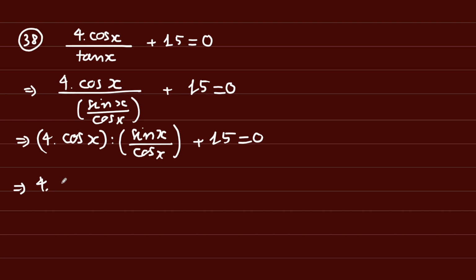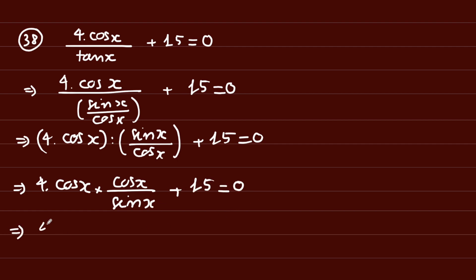And then you get 4 times cos h multiplied with the reciprocal of this one. This will be cos h over sine h, plus 15 equal to 0.